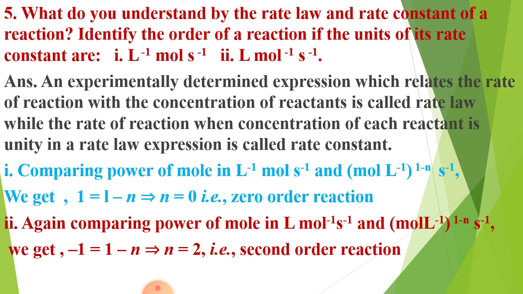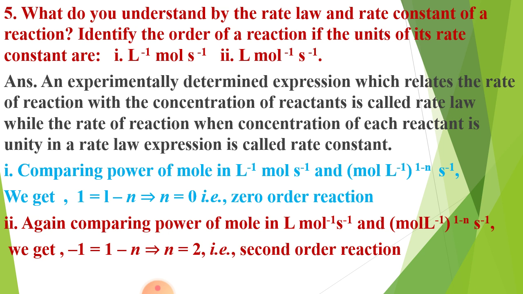Now question number 5. What do you understand by the rate law and rate constant of a reaction? And one more question is added here. Identify the order of reaction if the units of its rate constant are first, liter inverse mole second inverse, and second, liter mole inverse second inverse.